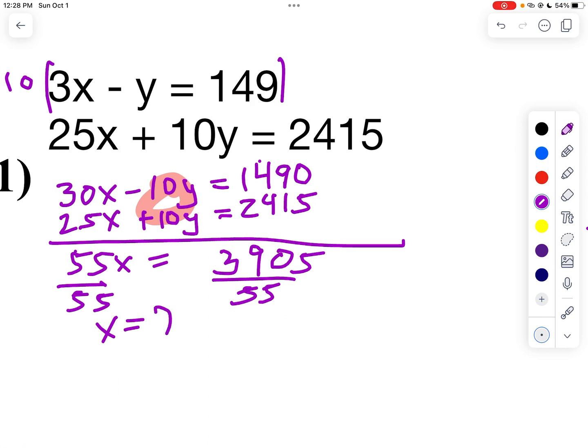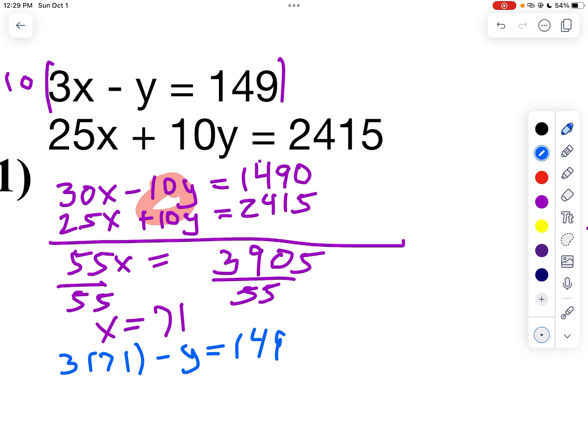Well, that turned out to be a nice whole number. Let's see if y gets the same thing. I think I'll use my first equation again. So I'm going to go 3 times 71 minus y equals 149.